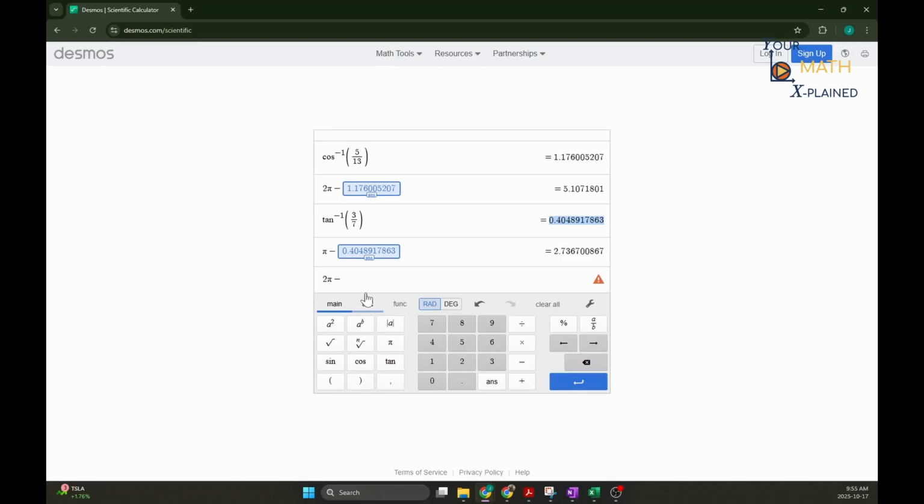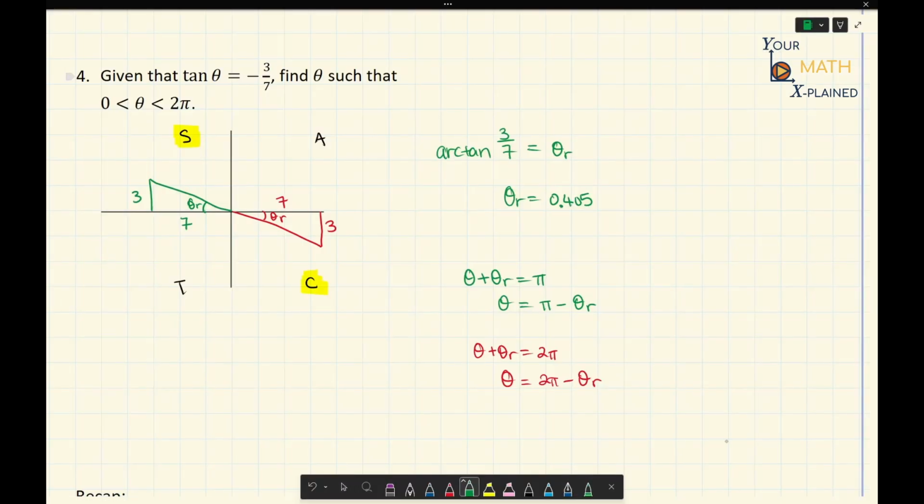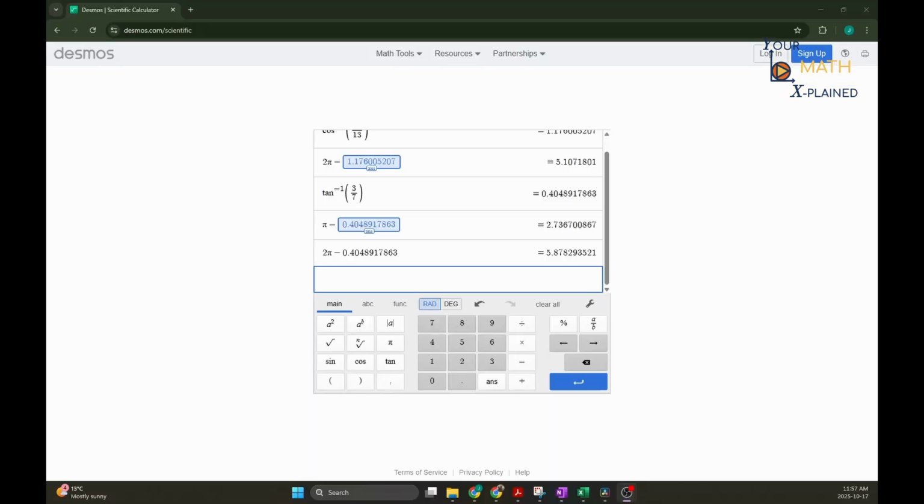We're just going to take that entire value, put it in here, and that gives us 5.878. So our first answer is theta is equal to 2.74. And our second answer is going to be 5.88.